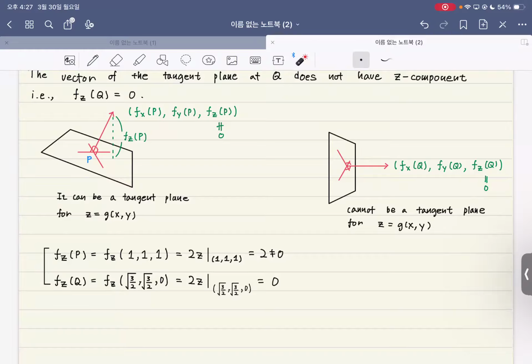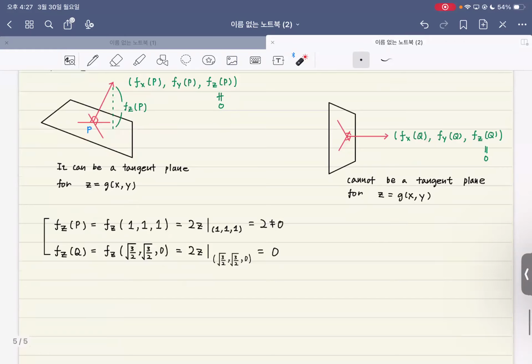And if your tangent plane looks like this, then the part of the graph around this point cannot be understood as a graph of any such function. Okay. Good. Great.